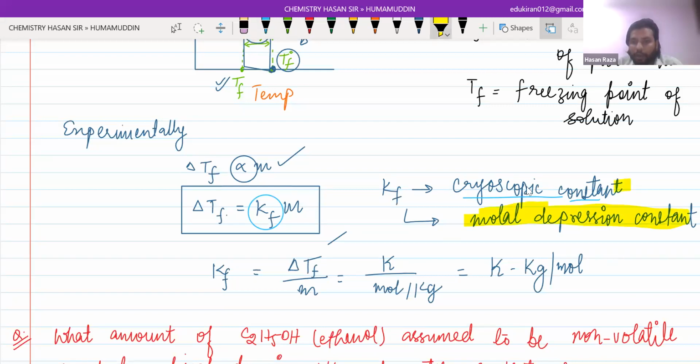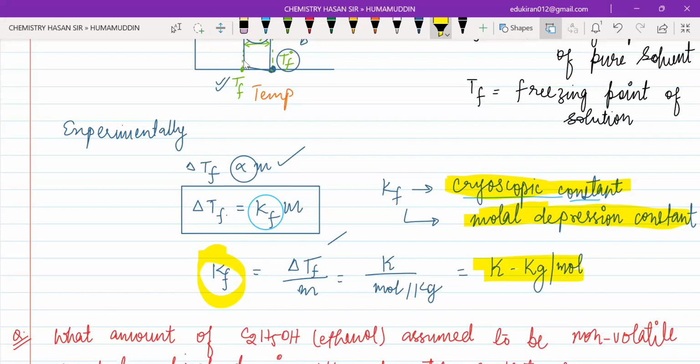Always remember that this constant, whether it is the cryoscopic constant or the ebullioscopic constant, that was in elevation in boiling point, depends upon the nature of the solvent, not on the solute. We also did the unit of Kb, that was Kelvin kg per mole, and here the unit of Kf is again the same, Kelvin kg per mole. Is that clear? Yes, sir.